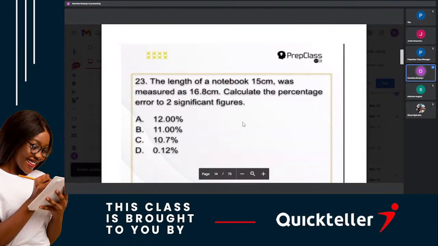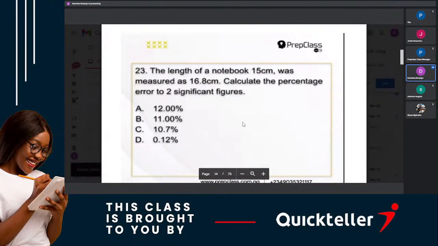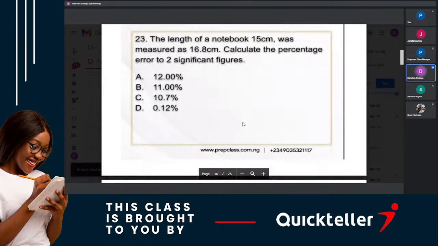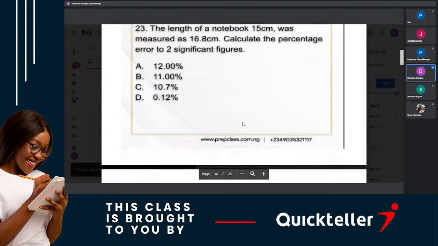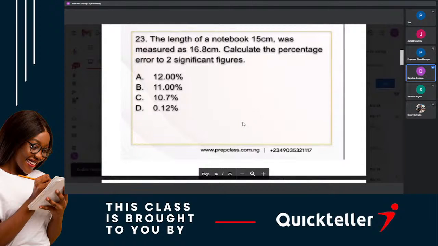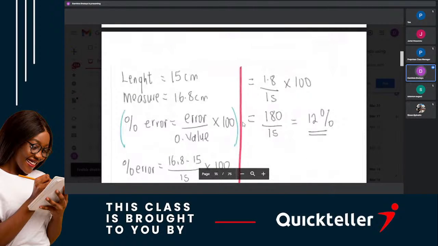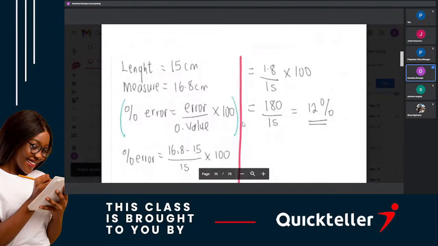Okay, now the length of a notebook, 15 centimeter, was measured as 16.8 centimeter. Calculate the percentage error to 2 significant figure, right? Now, what is the error? The formula is error over original value times 100.